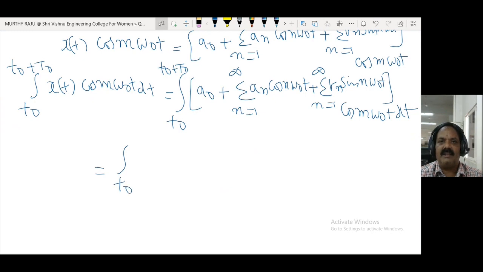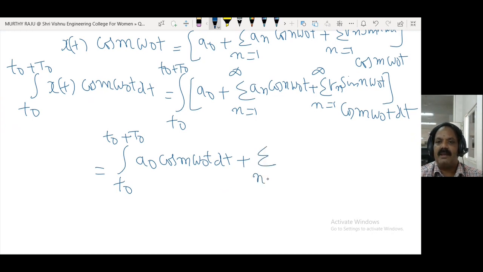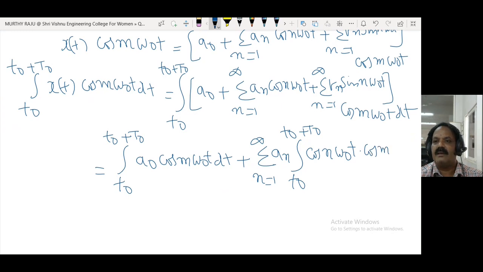The integral of a naught cos m omega naught t dt, plus the sum from n equals 1 to infinity of an times the integral of cos n omega naught t times cos m omega naught t dt.